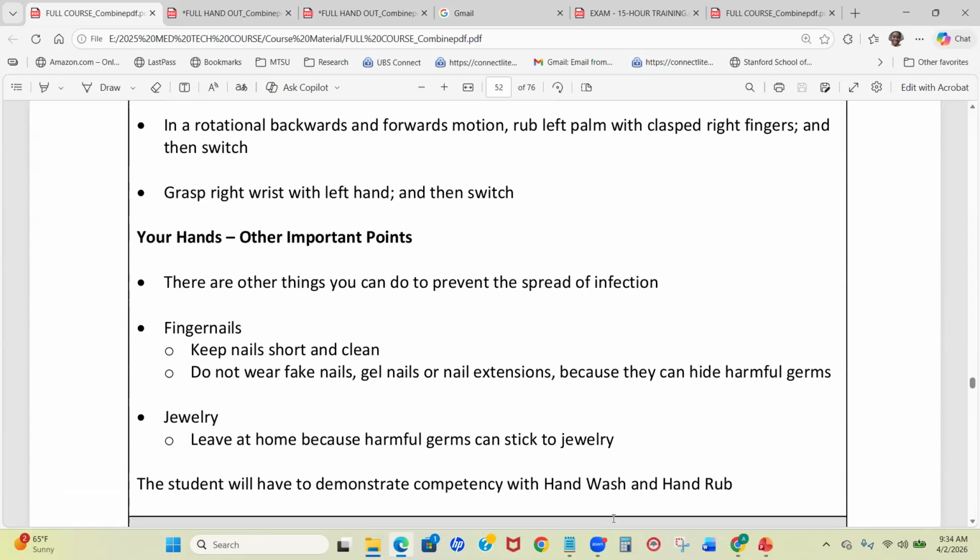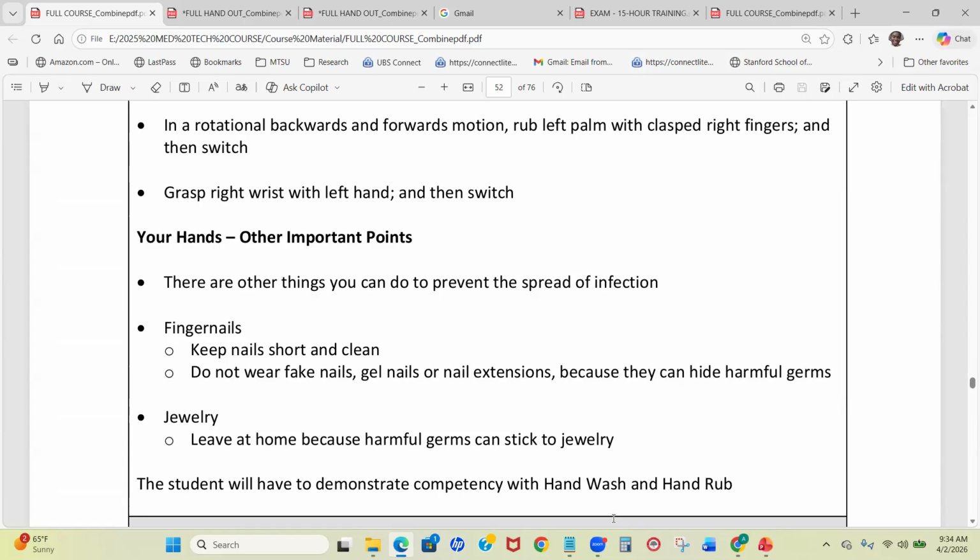When you have time, look over the handout and see all the images of how it is done. I think one of the videos that we're going to watch also demonstrates that. So let's learn the proper way. We all have used it before, but now we're going to learn the best practice as we go about our duties as a caregiver.